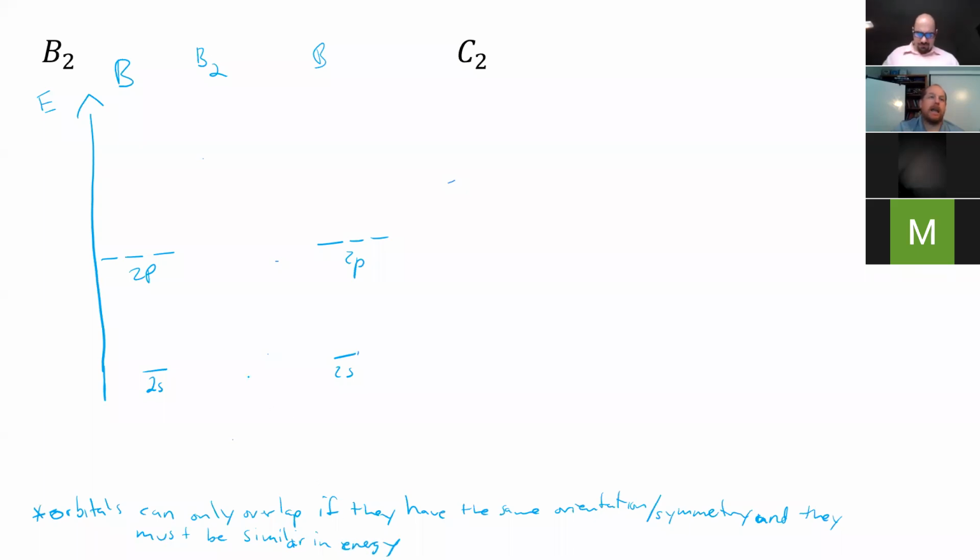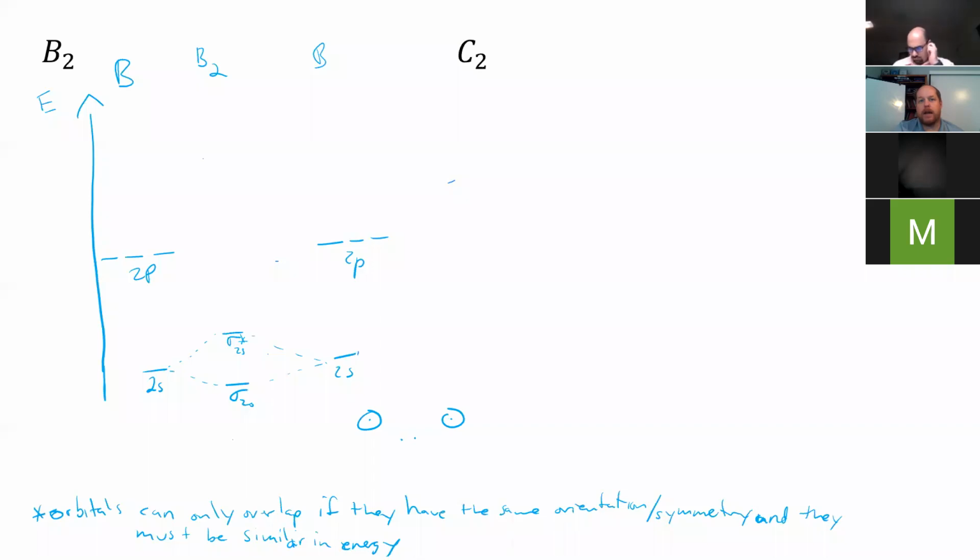Okay, so in the case of the boron 2 molecule, you're going to have overlap between the two 2s orbitals to form sigma 2s and sigma star 2s. And remember, these come from orbitals that are spherical in nature. So you have 2s and 2s, with nuclei there and there.